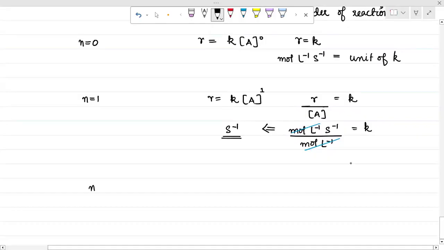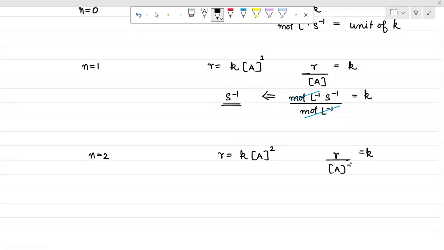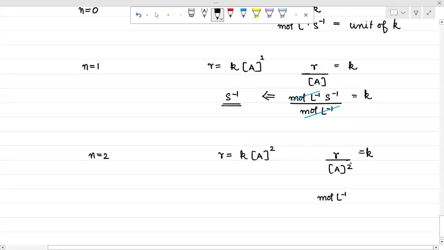Let's say the value of n is equal to 2. R is equal to rate constant into concentration of A to the power 2. Upon rearranging, we get K is equal to rate by concentration of A square. Now the unit of R is moles per liter per second divided by concentration square.